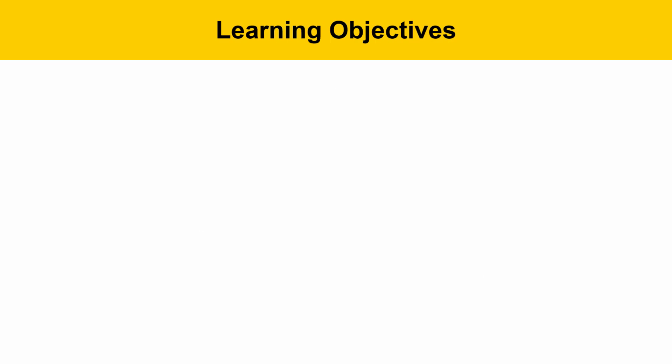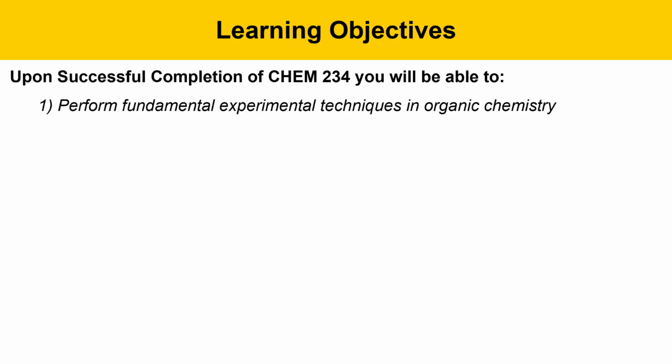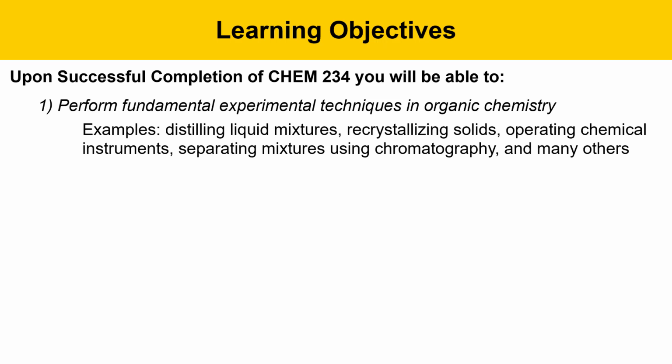Learning objectives for the course are described on this slide. When you complete Chem 234, you will be able to perform fundamental experimental techniques in organic chemistry. Some examples of these include being able to distill liquid mixtures, recrystallizing solids, operating chemical instruments, separating mixtures using chromatography, and many, many others.